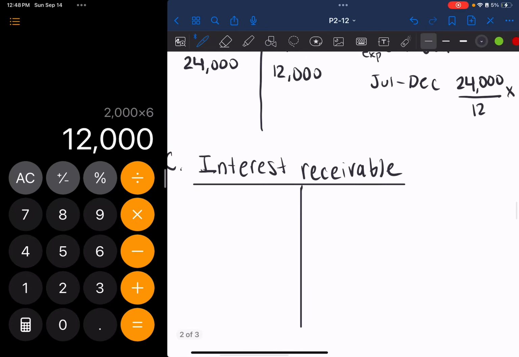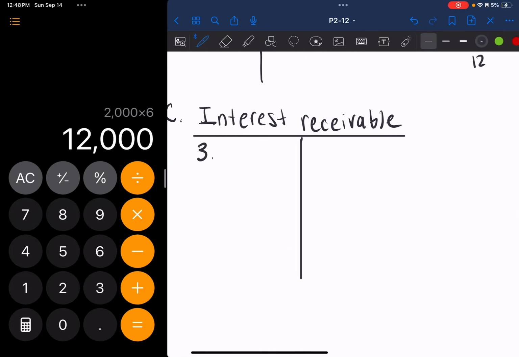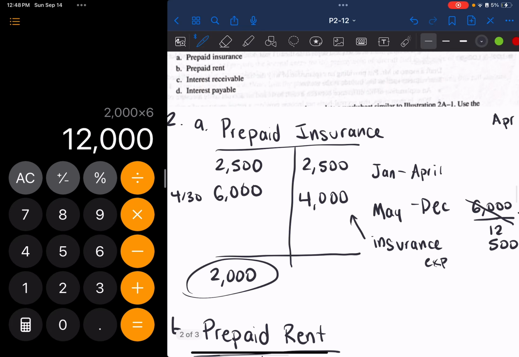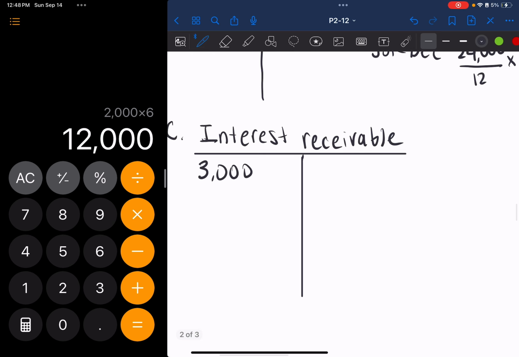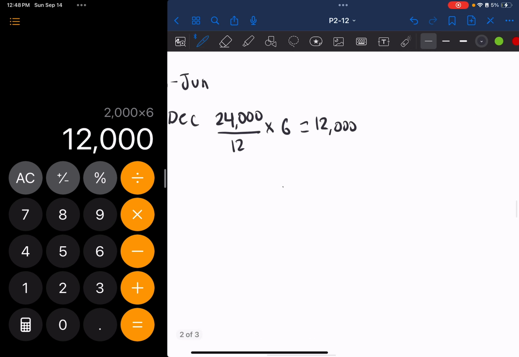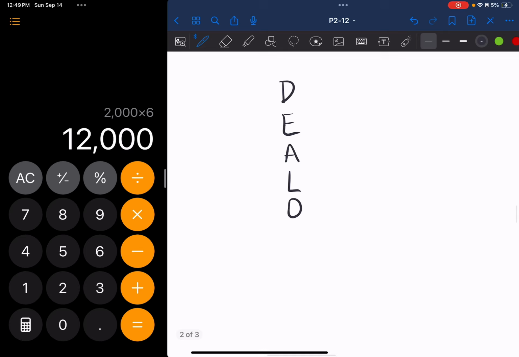Also, if you do a T account, you have to know which ones increase with a debit and decrease with a credit. And so I use the mnemonic DEALER, which is dividends, expenses, and assets.